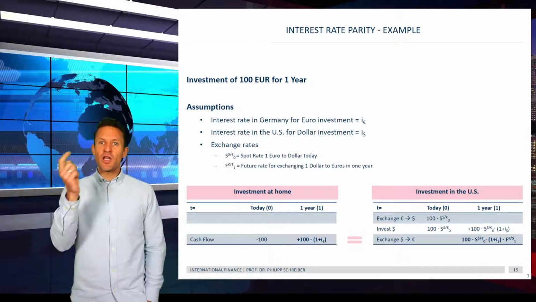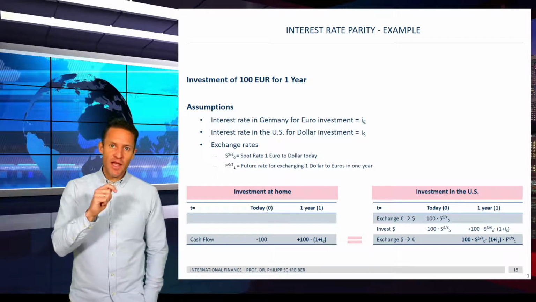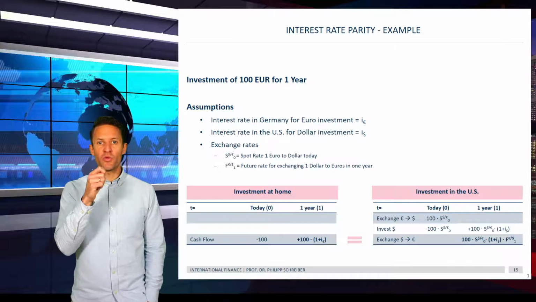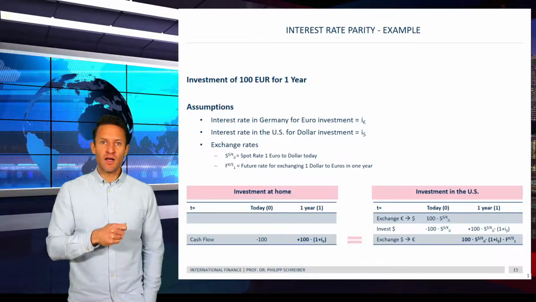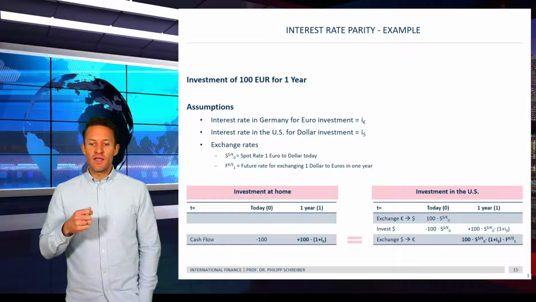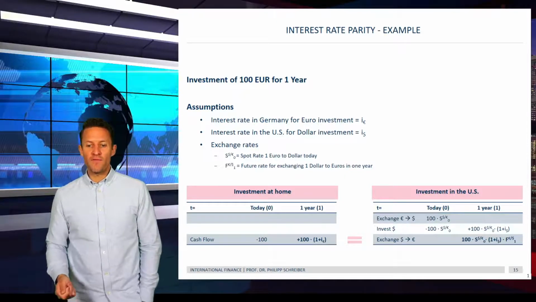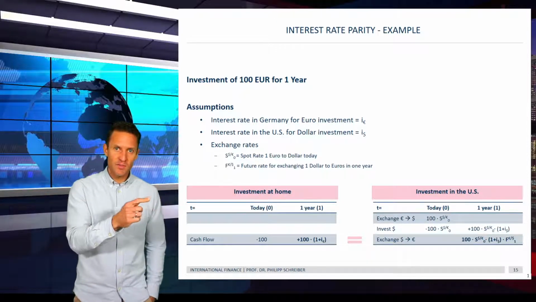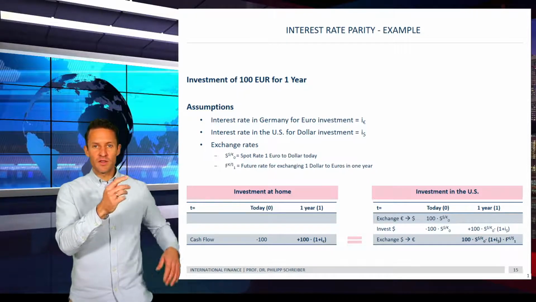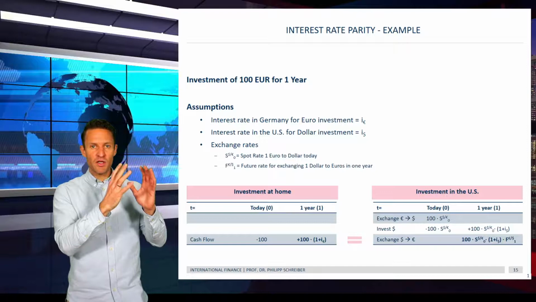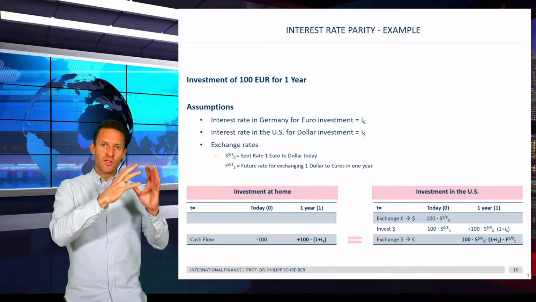And now we exchange it back, and we exchange it back based on the forward rate we already agreed on when we started our transaction. So the euro amount we now have is 100 times the spot rate from T0. This is the amount we got in dollars. Then we brought it to the bank.